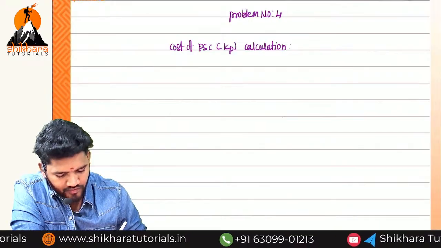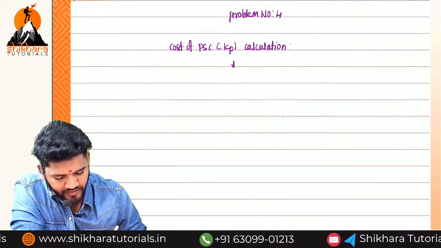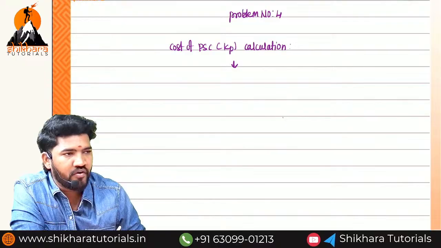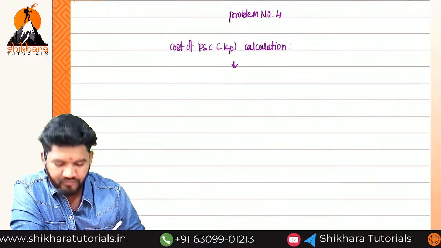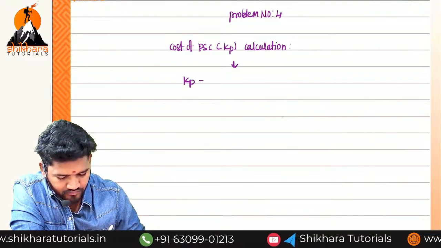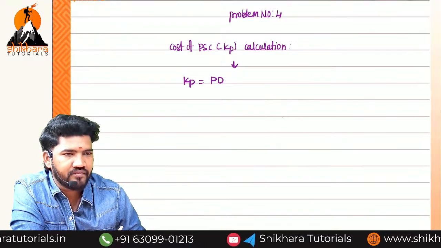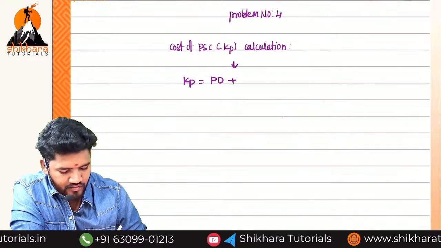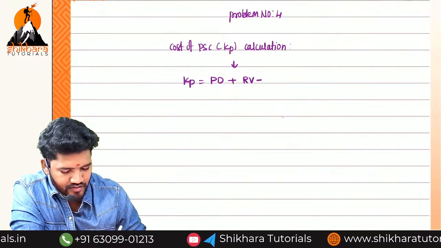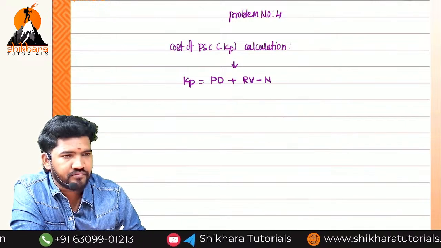So what kind of preference share capital is it? Redeemable only, na? You can write the direct formula. What's the formula? Preference dividend distribution tax is there? Not there. Then repayment value minus net proceeds or market price, net proceeds.